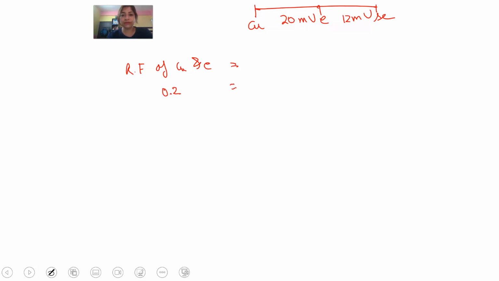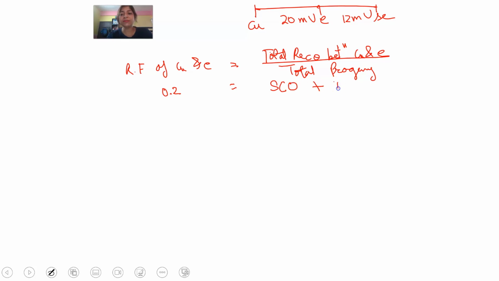Right. Now this recombination frequency will be the total recombinants between CU and E divided by total progeny. Now what is the total recombinant? In total recombinants, we have to calculate the single crossover products plus the double crossover products, because in a double crossover, one recombination event happened here as well, right? So SCO plus DCO divided by total progeny, which is 1800.